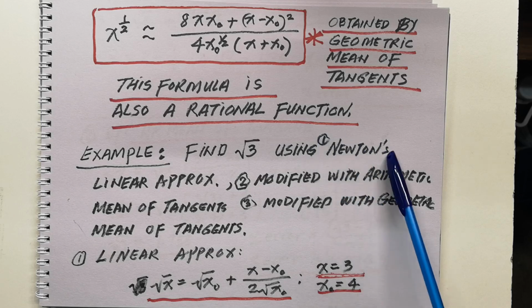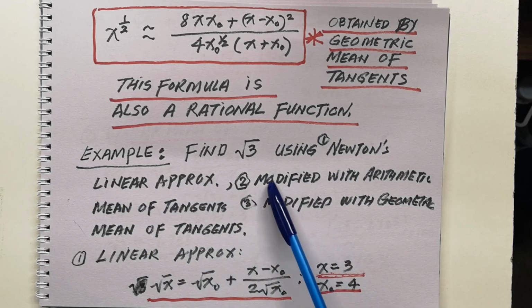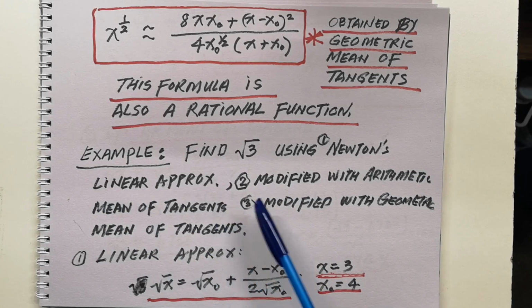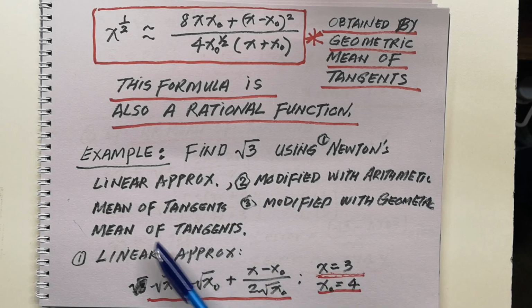using number 1, Newton's linear approximation, number 2, modified with arithmetic mean, and the third one, modified with the geometric mean of tangents. For linear approximation, square root of x is equal to square root of xo plus (x minus xo) divided by 2 square root of xo. And this is the classic linear approximation of square root.